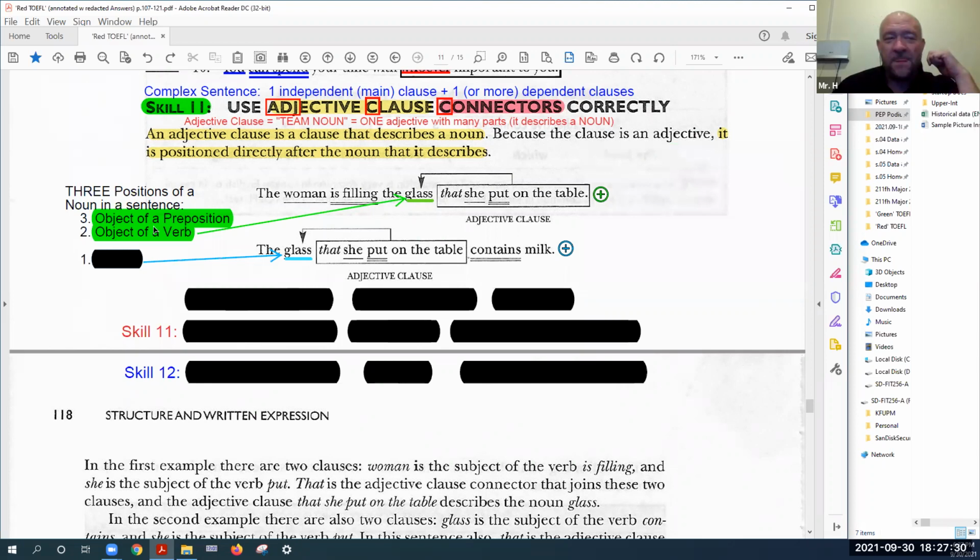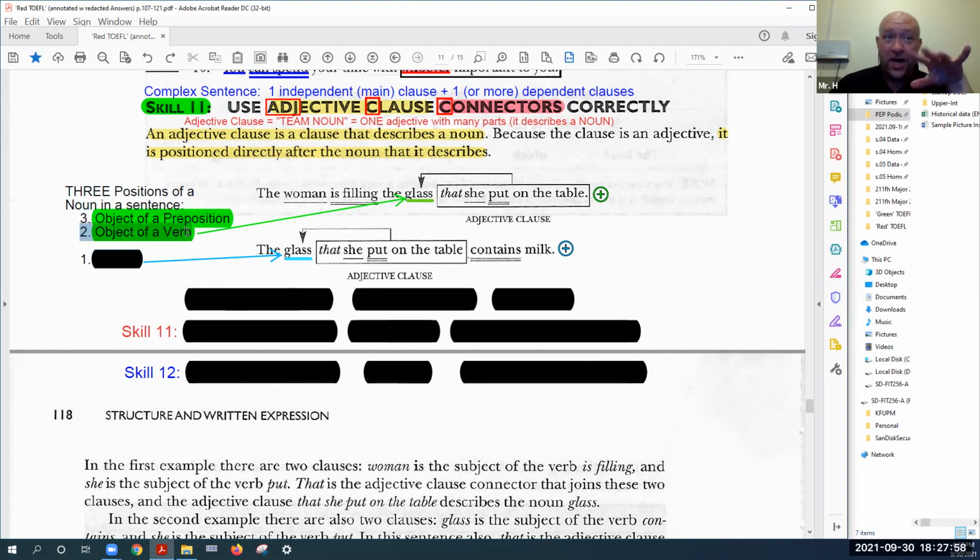Now, there's another formula. Abdullah, what's the next formula? So we have 3 and 2, and what's the next formula? What is formula 1? So formula 3 is object of a preposition.